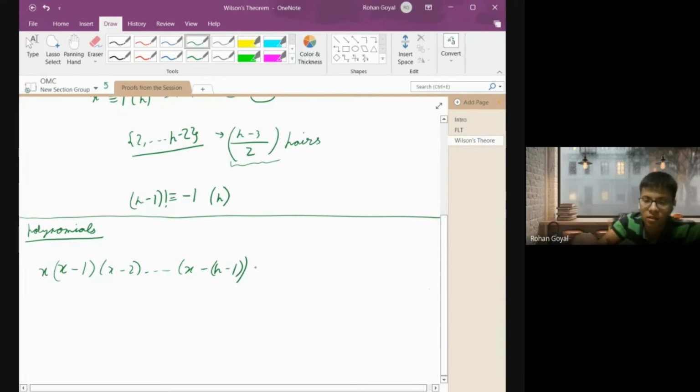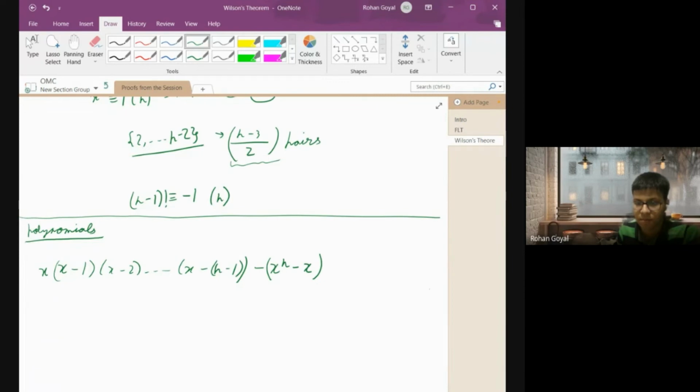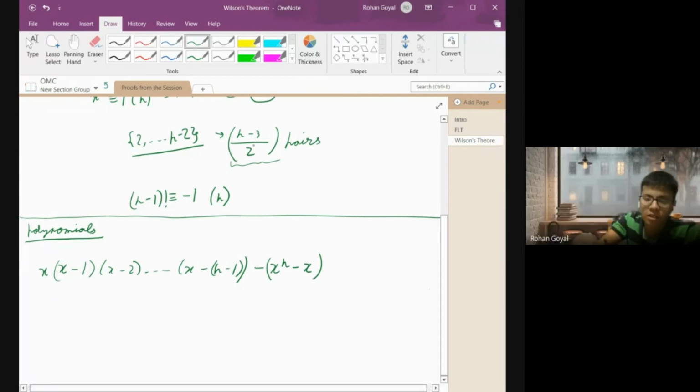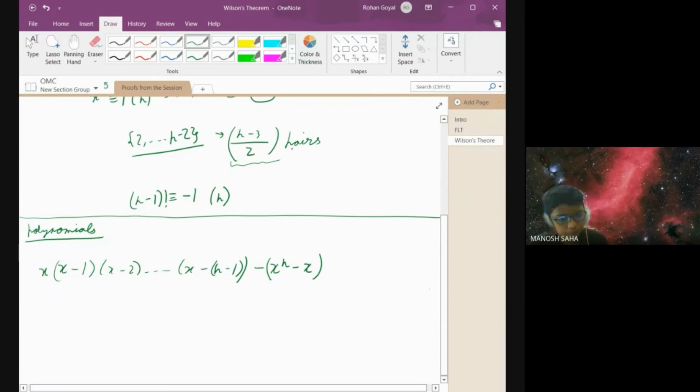And now consider x to the p minus x. This is also always a multiple of p by Fermat's little theorem. So what is the degree of this polynomial that I have? The degree should be p, right?